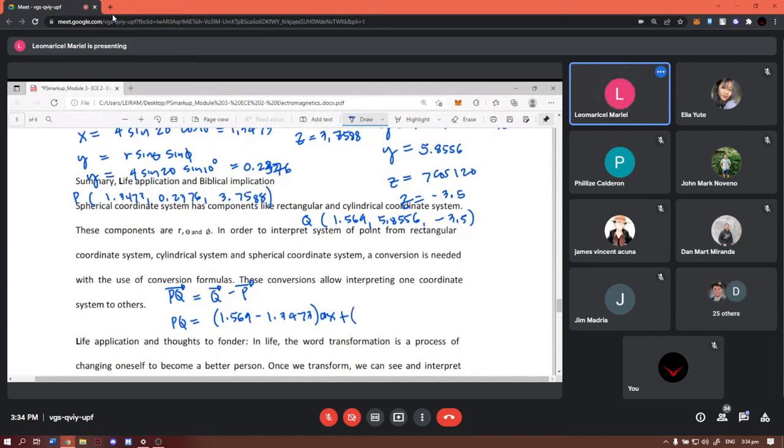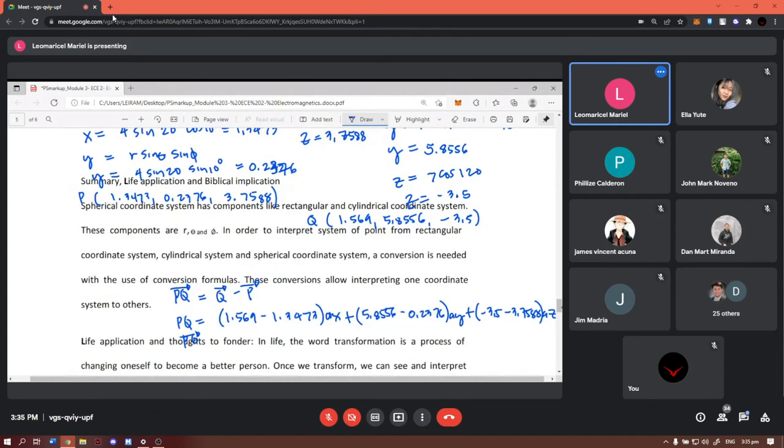Then plus 5.8556 minus 0.2376, unit vector natin doon AY, plus negative 3.5 minus 3.7588, then AZ. So what is your vector PQ? What is 1.569 minus 1.3473? 0.2217.